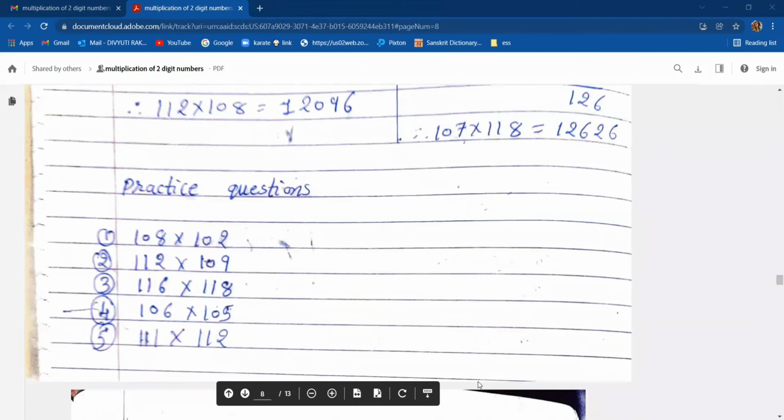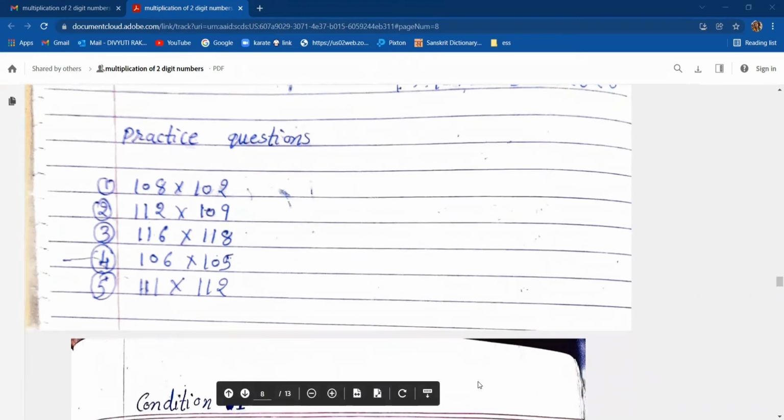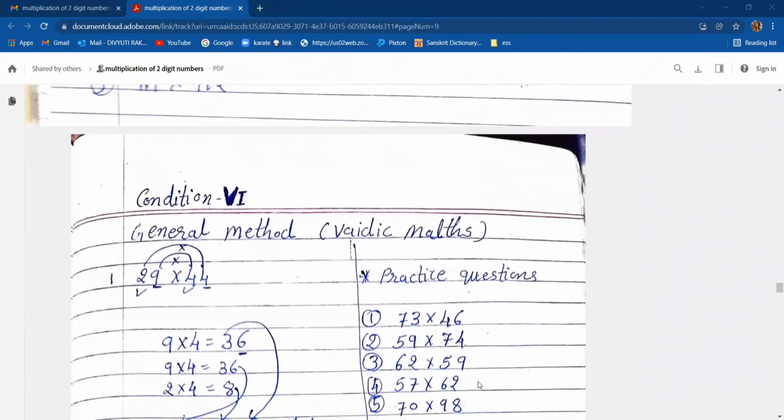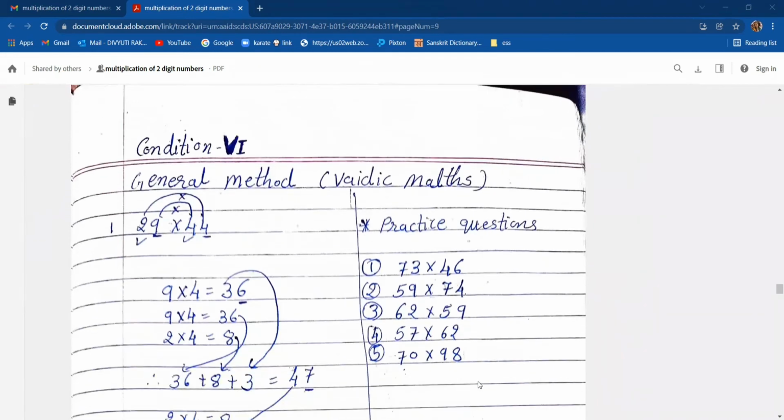Please do it. These are the methods which require a little bit more practice, so please do more and more questions of this kind of method. Okay, I think now you have already noted down. So let's move on to the next condition, condition number 6.